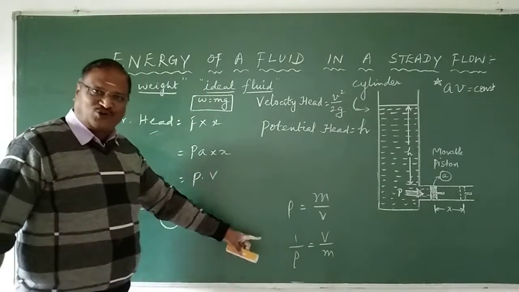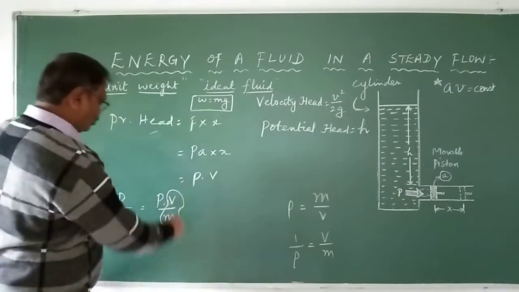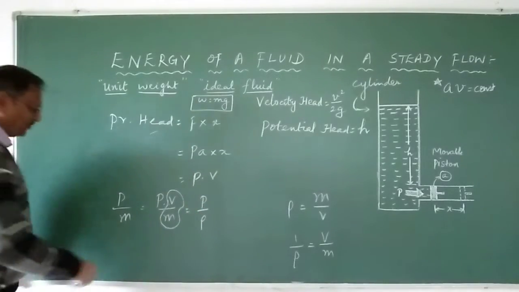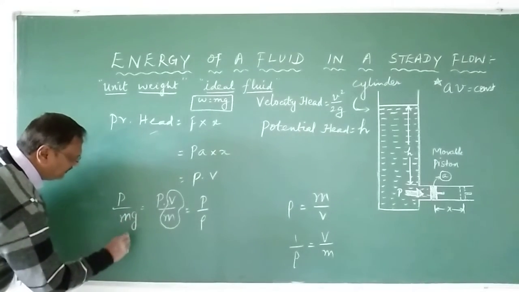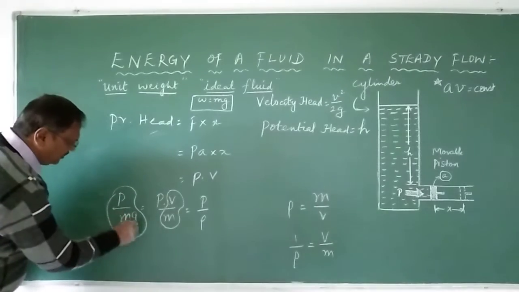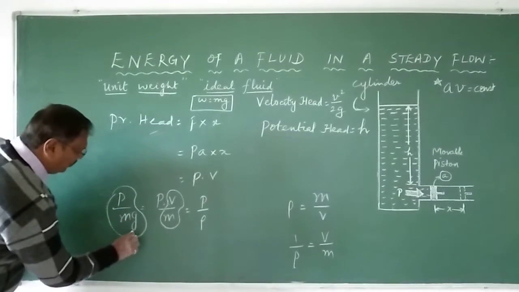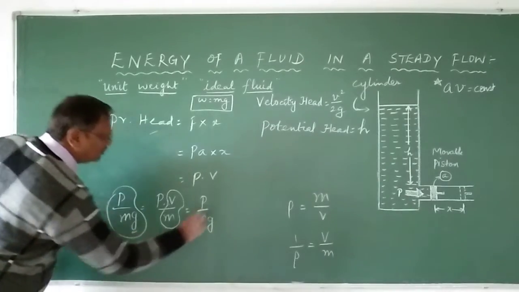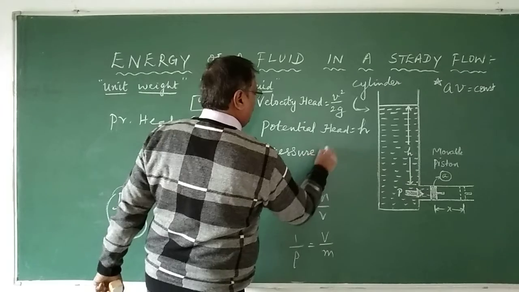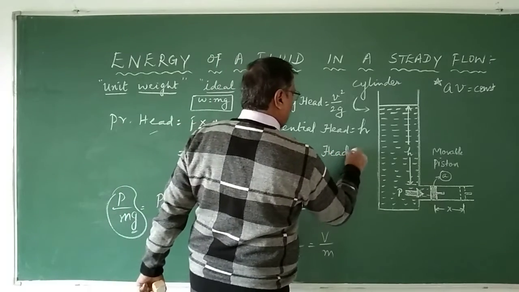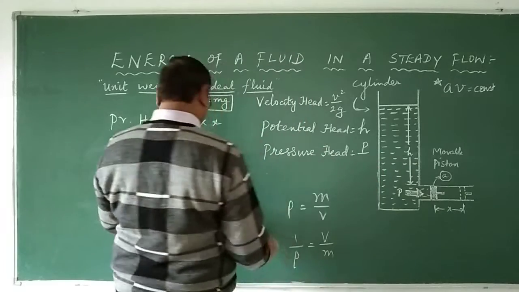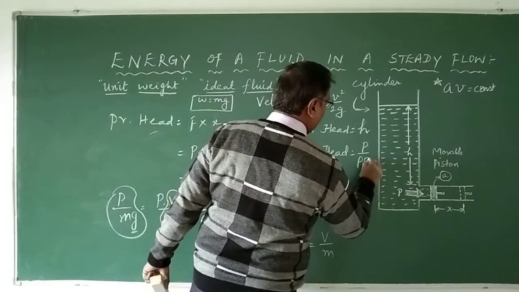So I can put here P upon rho. Now pressure head is with respect to the weight, so I got a g here, I put a g here. So I will write here pressure head is equal to P upon rho g.